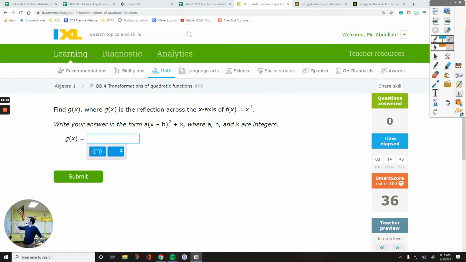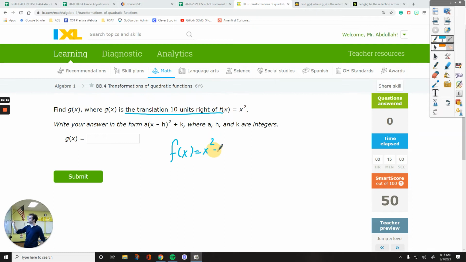Okay, let's do the next one. Let's keep a level. Translation 10 units right. I don't understand how this is another level, because the function is f of x equals x squared, and then we will do right 10 units.